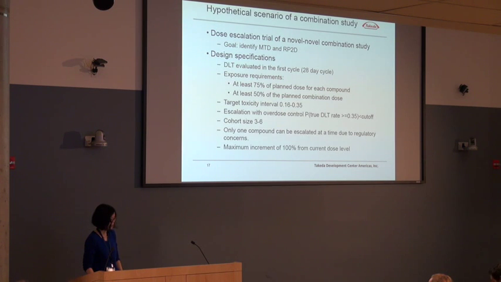For a combination study, it's a little bit more complex. The goal of the combination study is to find the maximum tolerated dose or recommended phase 2 dose. For a single agent study, it's easier because you have one dimension of dose where you can identify an MTD.